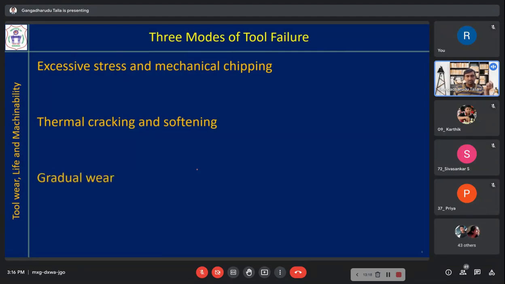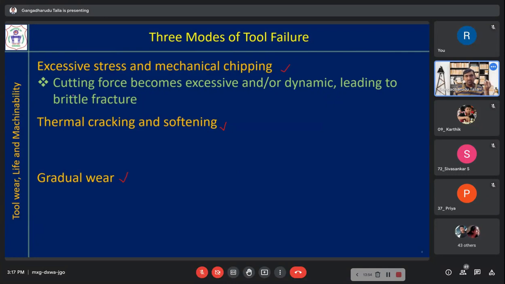And the third one is gradual wear. For the first case, this is due to mechanical properties. The tool doesn't have much strength, it doesn't have much toughness, and so on. Second is thermal cracking and softening due to high temperature generation. This is related to temperature. The third one, as the name indicates, is due to gradual wear.